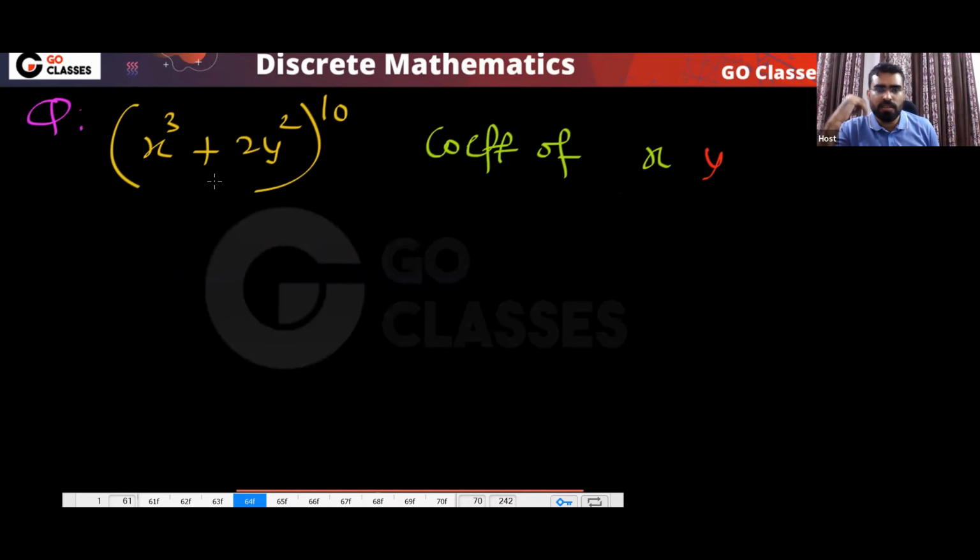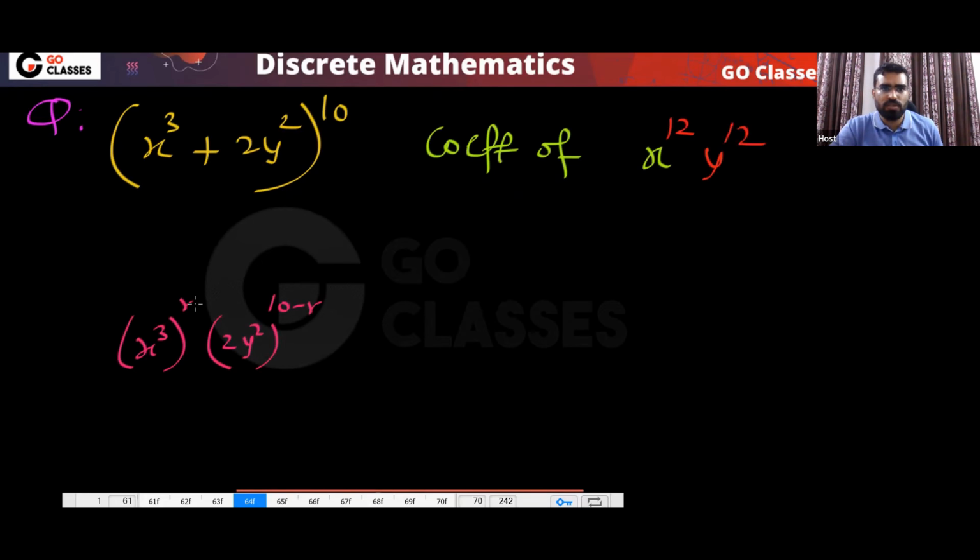Every term that you get will be like this: x power 3 raised to something, and 2y square raised to 10 minus r.